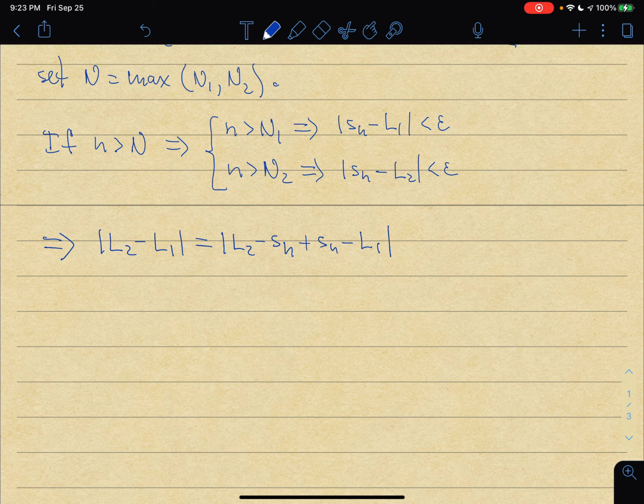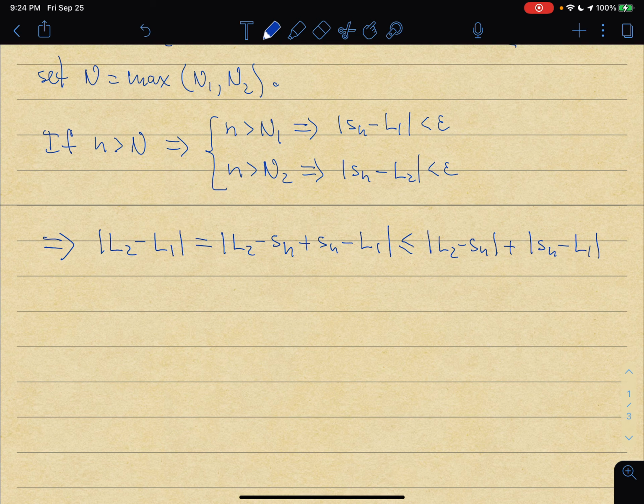And then by triangle inequality, this should be less or equal than |L2 - Sn| + |Sn - L1|. So if I want to compute the distance from L2 to L1 by going through Sn, then according to the triangle inequality, the distance that I'm going to cover would be either the same or greater.